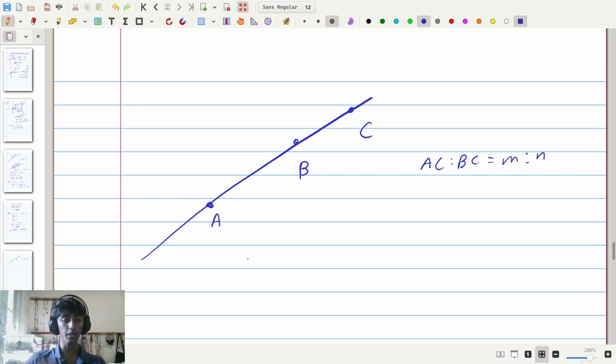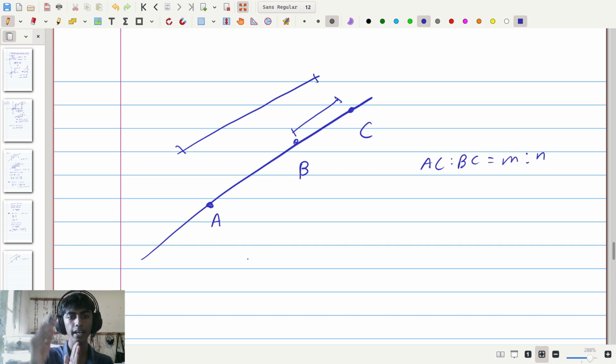So what this means is that this length is AC, this length is BC, where C is outside of the line AB. You can clearly see C is not anywhere in here, C is instead outside of this line, and the ratio here is still m to n.